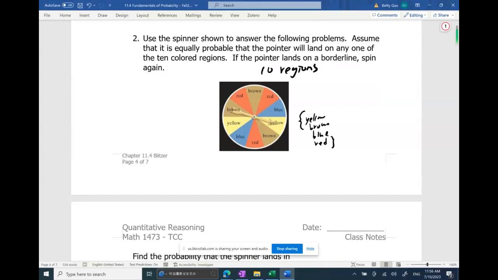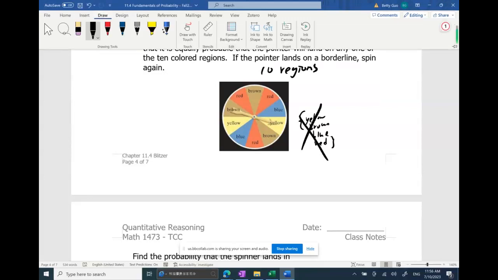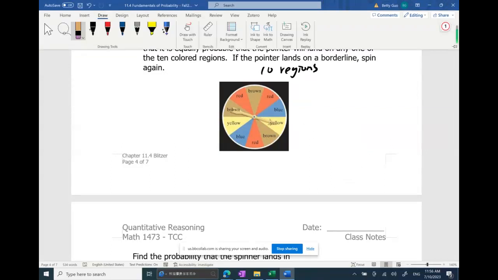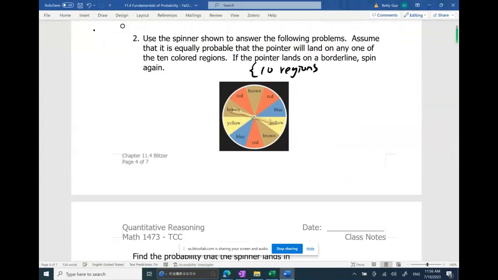They do not have the same chance to occur. So you do not have a classical or theoretical model, and you cannot use that as a sample space. You would have to use the 10 regions as the sample space, okay? Because the 10 regions have the same area and they are equally likely to occur.